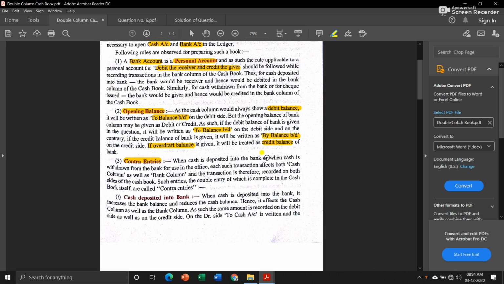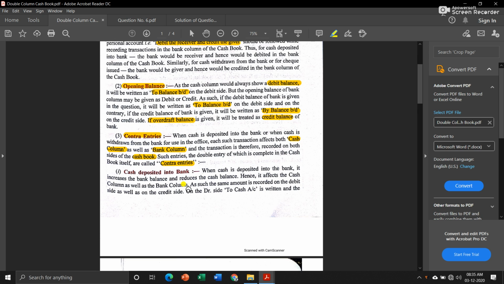When cash is deposited into bank or when cash is withdrawn from bank for office use, each such transaction affects both the cash column as well as the bank column, and the transaction is therefore recorded on both sides of the cash book, that is on debit side and credit side, and such kind of entry is known as a contra entry.